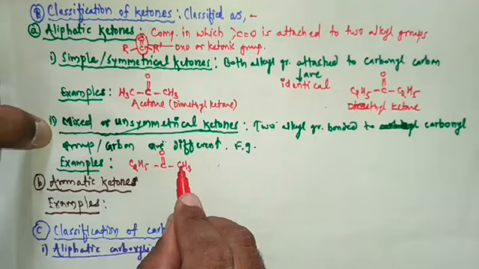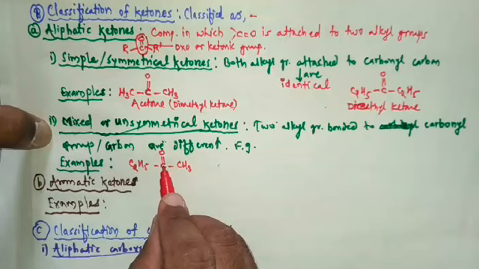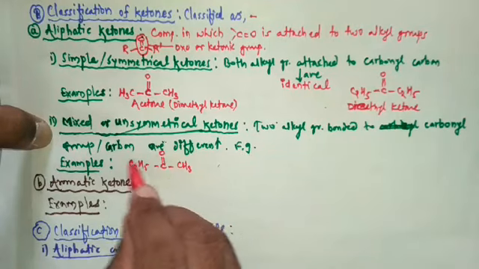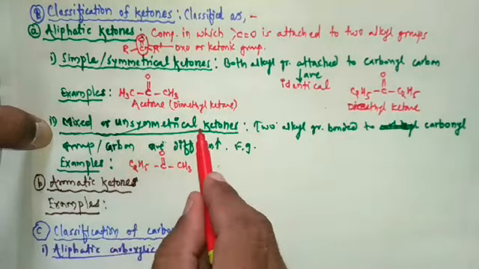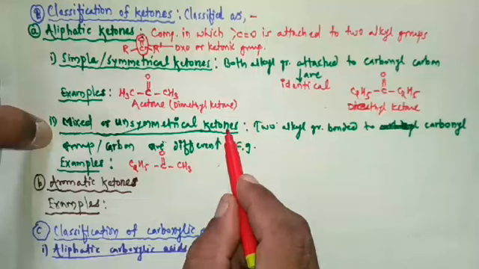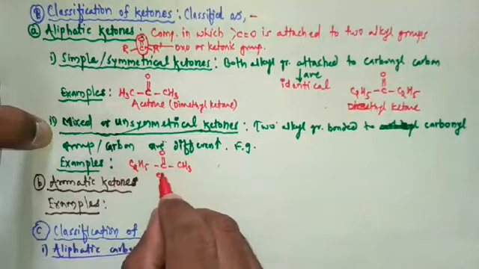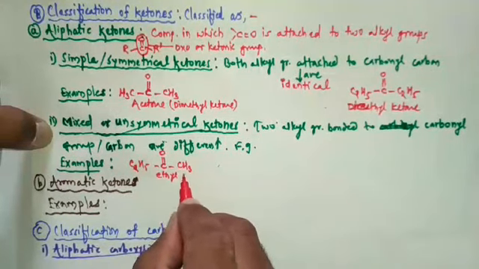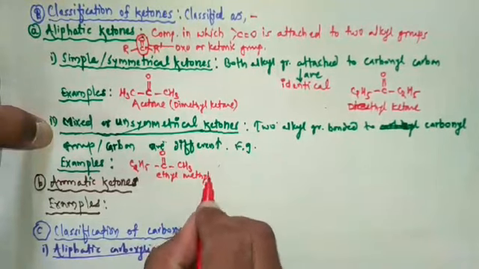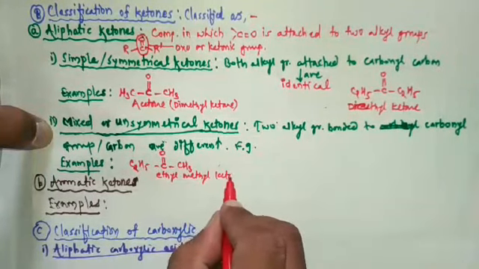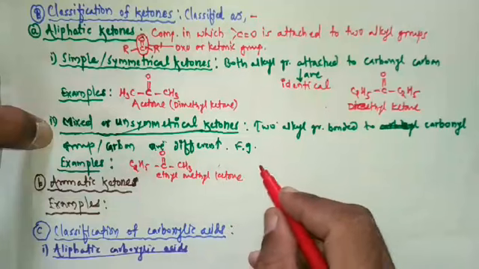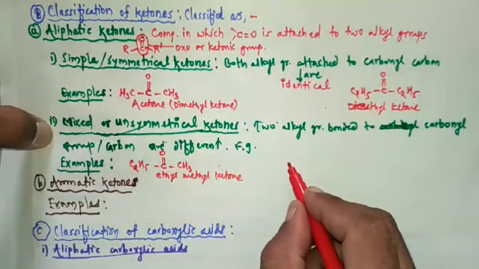That's why this is an example of a mixed or unsymmetrical ketone. Its name is ethyl methyl ketone.